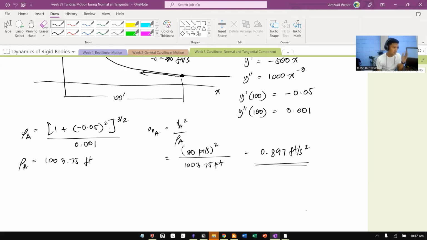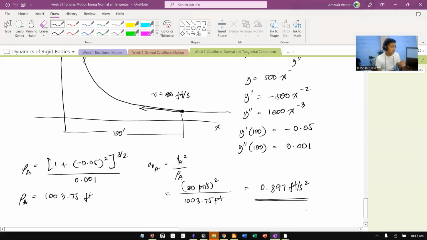Next, let's identify the angle. This is just the magnitude. Unlike the previous problem, we can identify the orientation of the vector, and there's nothing stopping us from knowing the angle.